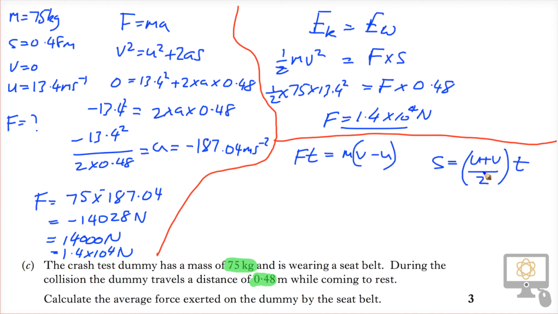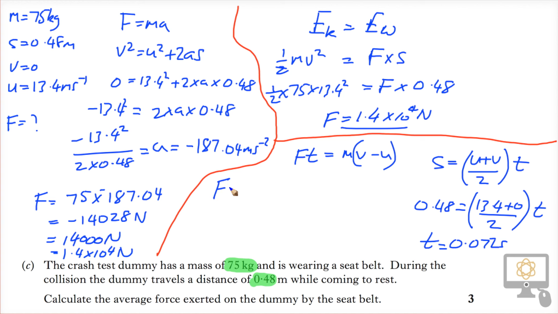It's the time we're determining, so we can plug our numbers in. 0.48 is equal to the initial speed, 13.4, plus the final speed of 0, over 2, times t. If we do that calculation and rearrange for t, we get a value of t to be 0.072 seconds. So that's our time, and we can then plug that into this formula to get F.